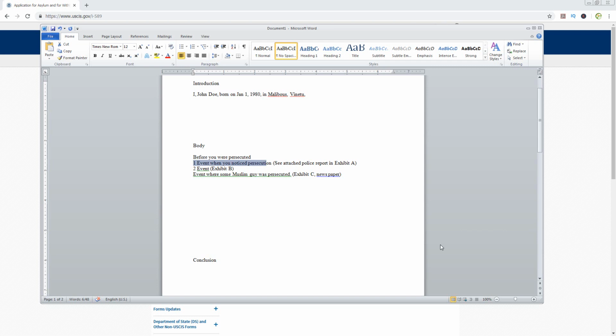For example, world organizations. I will find a few, and I will include the links in the description below.